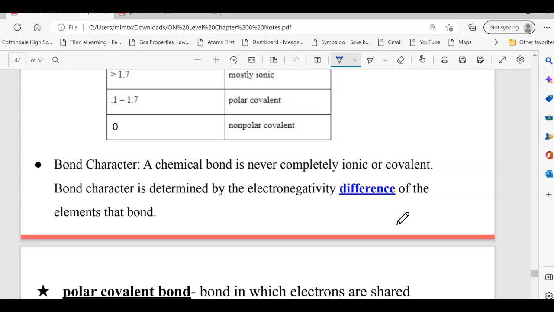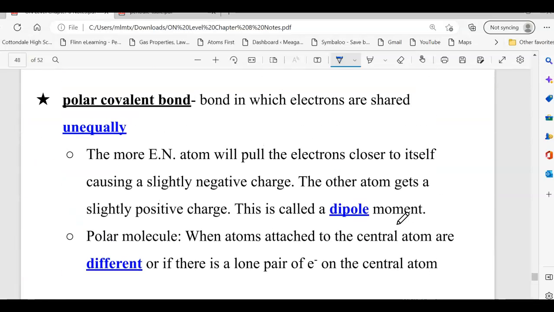There are a few things out there that seem to be ionic, but because the metal is such a poor metal, when you look at the bond character and subtract, it's actually going to be polar covalent. There are a few exceptions, but for the most part, what we think about ionic and covalent stays true. So let's look at the difference between polar covalent and nonpolar covalent.